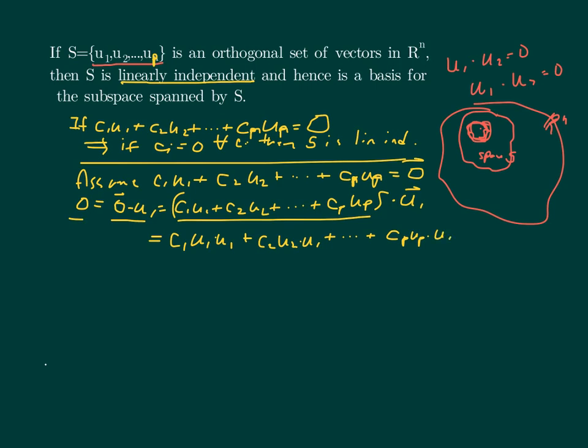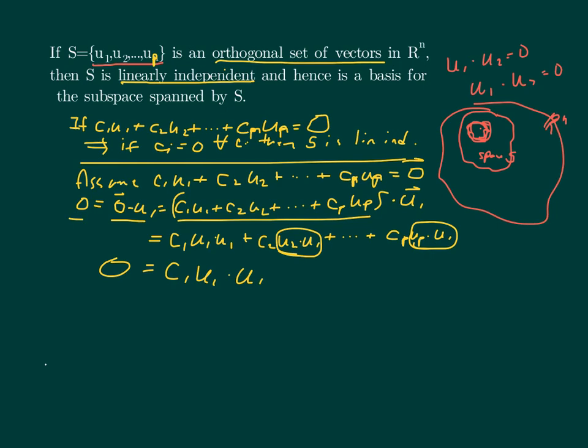All right, but the gist is because this is an orthogonal set of vectors, u2 is orthogonal with u1, up is orthogonal with u1, they're all orthogonal with each other, so each of those is going to equal 0, and what we have is c1 times u1 dot u1, plus 0 is equal to 0.